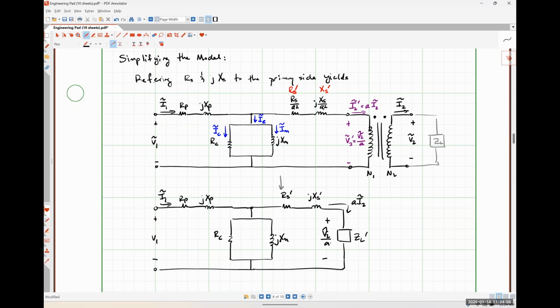So we now have a model for our transformer and the connected load that literally no longer needs to have a transformer in it at all. This is very simple AC circuit analysis at this point, which is why this is such a powerful model, right?